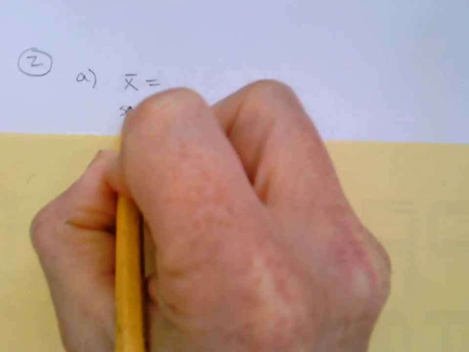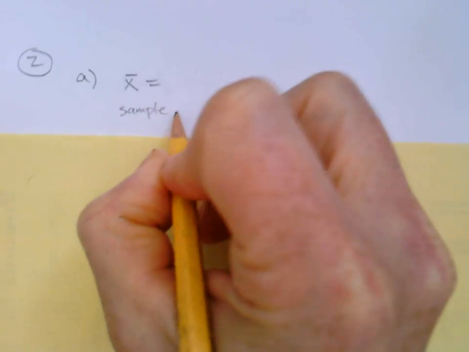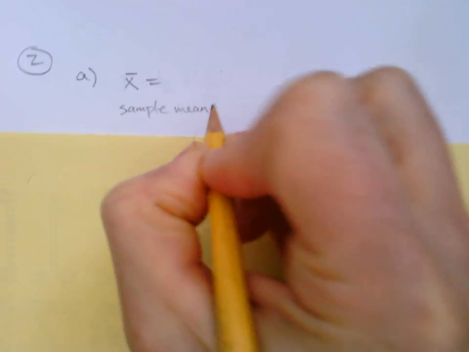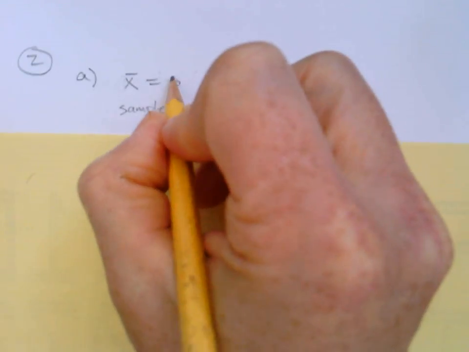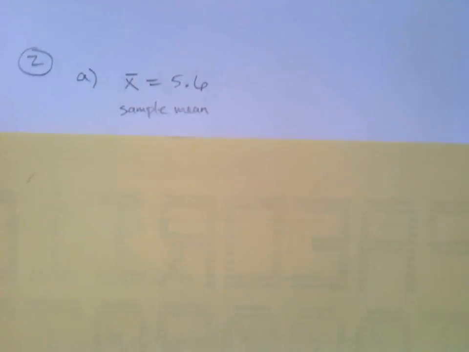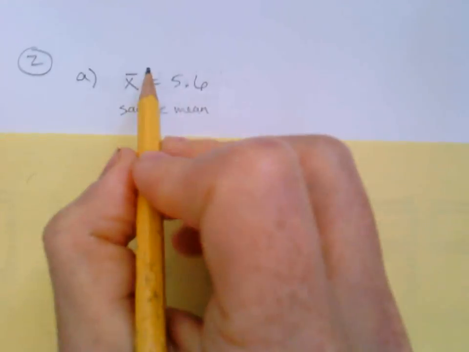It's the sample mean. Well, what's the sample mean here? It's the 5.6. You might say 5.6 years, or you might just say 5.6. That's all they're asking for in part A, just trying to get us used to this definition of point estimate.